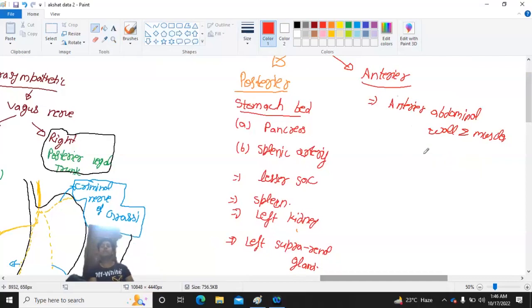And ribs also, basically ribs do not come much, but these are the important points.